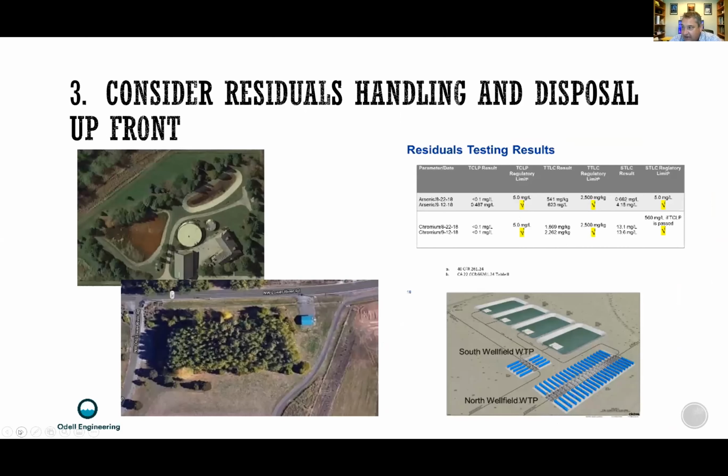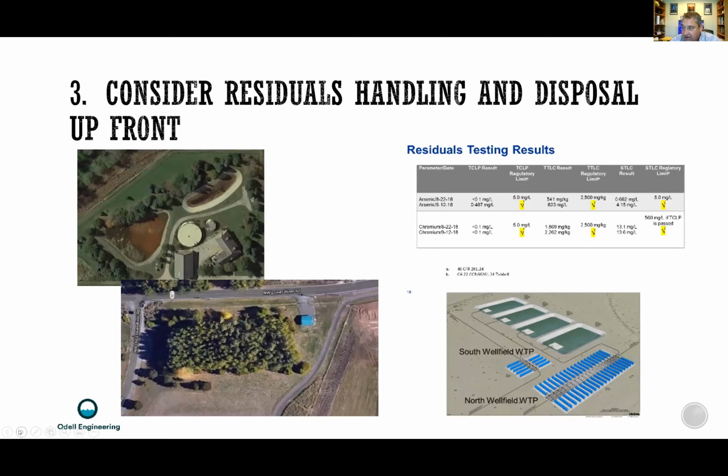Considering residual handling and disposal up front, we talked about some on-site handling options. To me, sanitary sewer can be very easy for handling residuals, but it's not always available, and it's not always the low cost option if you have to pay for what you discharge, and there are often surcharges for high suspended solids in the residual.